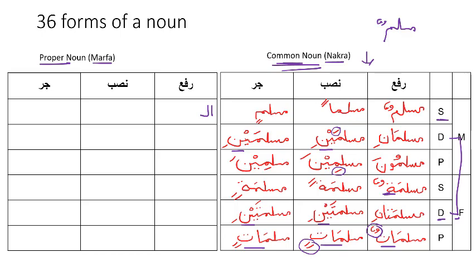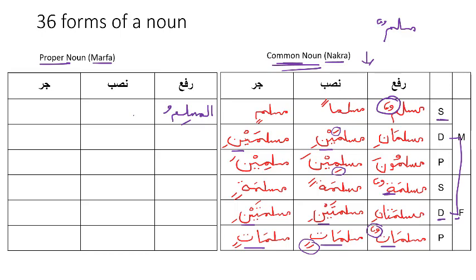If you see a double zabar, this will become a single zabar or a single fatha. If you see a double zair or double kasra, this will become a single kasra. I will do the first one for you. So al muslimu. Notice we've changed this un to u and added al in the beginning.